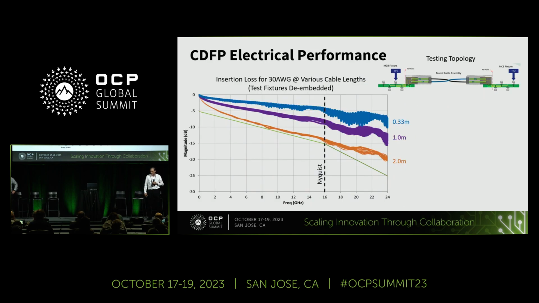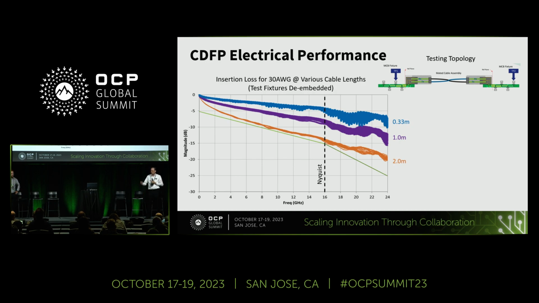Next, I want to talk a little bit about electrical performance. In the standard testing topology shown in the upper right, we really just test the connectors and the cable, and we eliminate the test boards and anything coming up to it and passing that part of the channel. The data that's shown there, the insertion loss, is de-embedded.